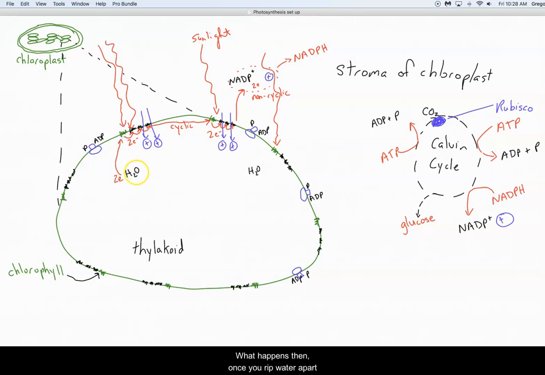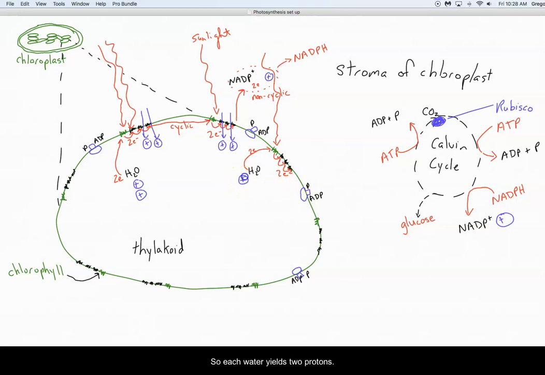What happens then, once you rip water apart, and I'll rip water apart twice here, get my electrons moving through the enzyme system. Okay. Once you rip water apart, you get the hydrogens. That's where the electrons come from. They become protons, which are essentially hydrogen ions.